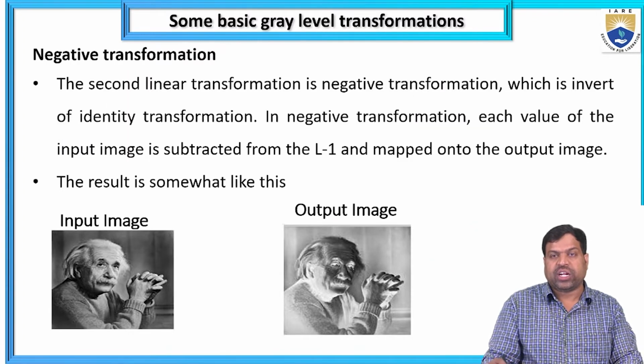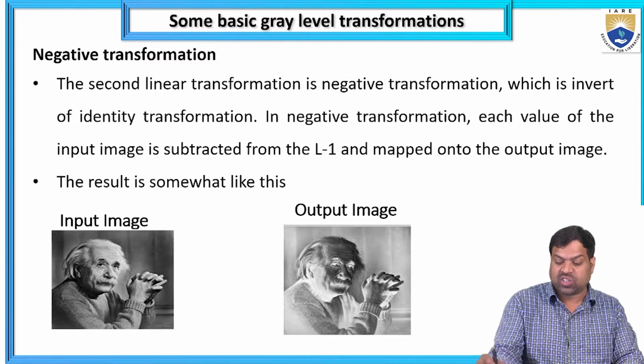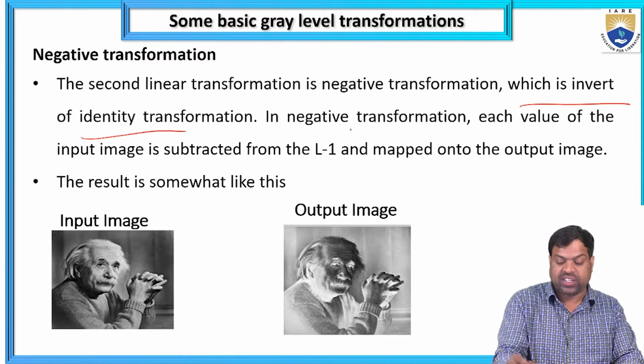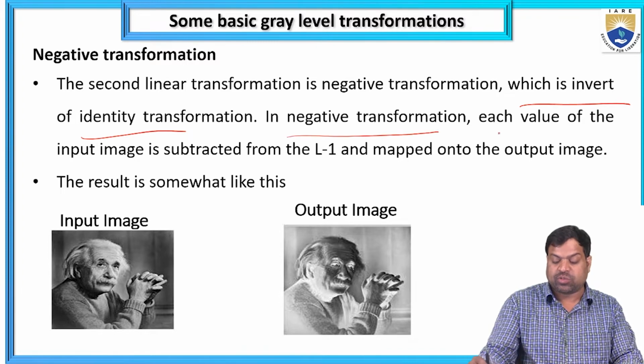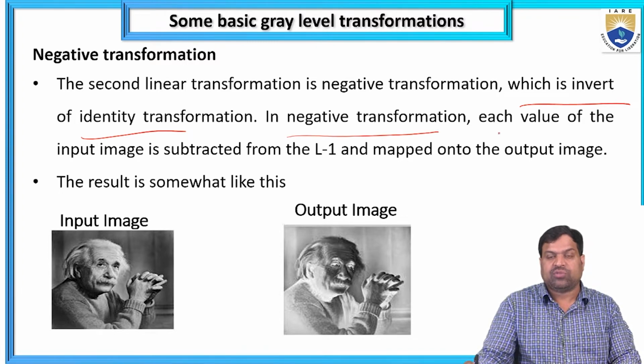Next, the negative transformation. The second linear transformation is the negative transformation, which is the inverse of the identity transformation, so it is also called the inverted identity transformation. In the negative transformation, each value of the input image is subtracted from L-1 and mapped onto the output image.